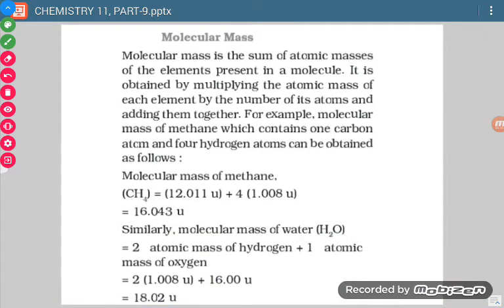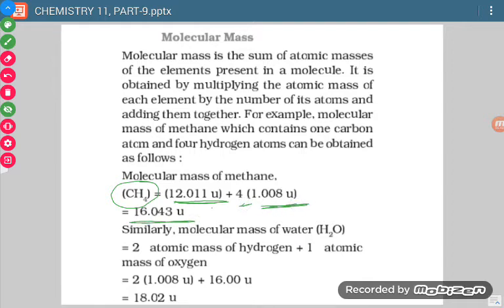As you know, a molecule is the combination of atoms. So for molecular mass, we have to add the atomic masses of all the atoms present in the molecule. Here we have taken one example, CH4. One atom of carbon multiplied by its atomic mass plus 4 atoms of hydrogen multiplied by its atomic mass.